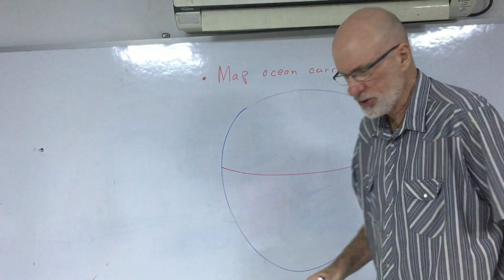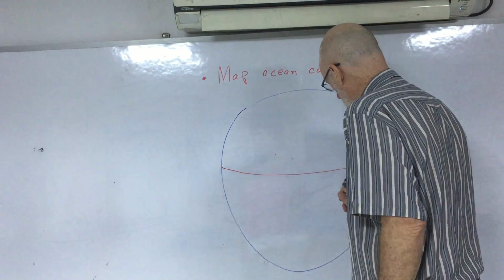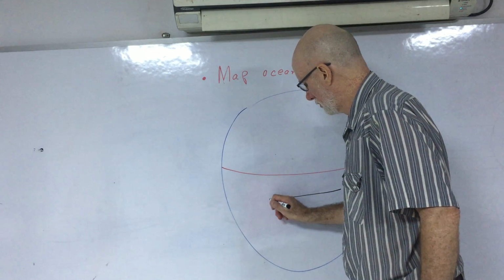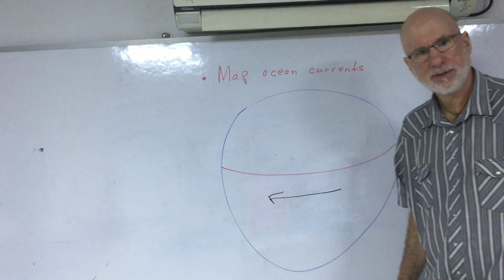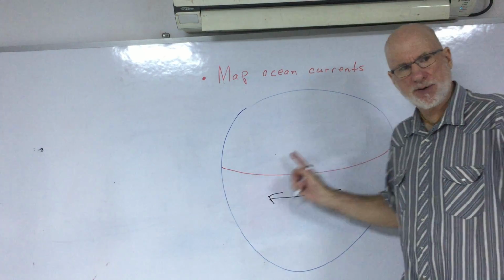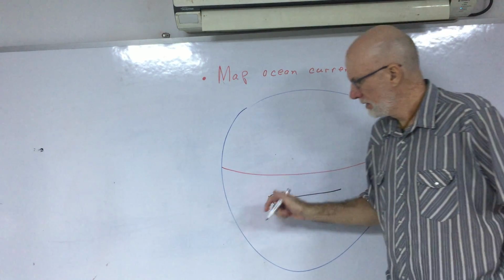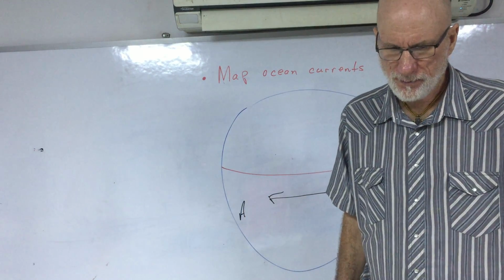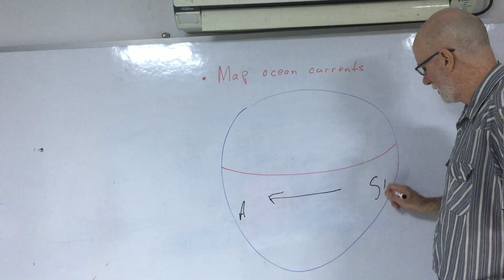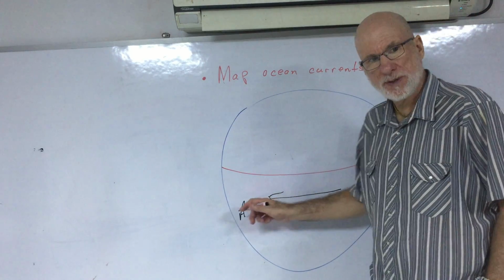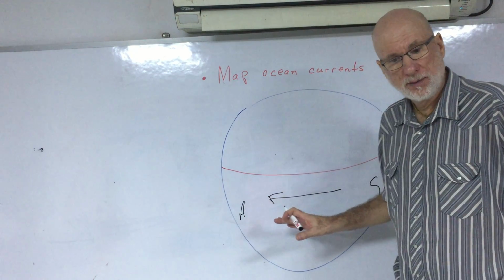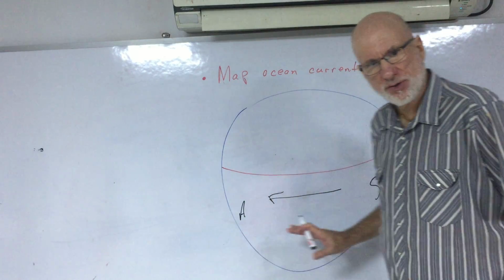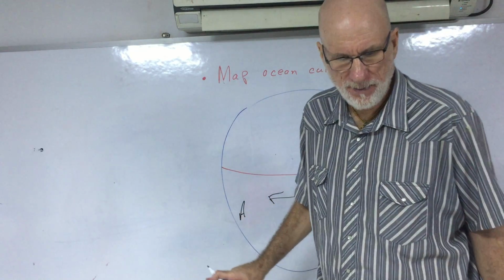You get this warm surface water here. It's going like that. Remember, it's spinning like this, right? Here's Australia. This is South America here. This is what's happening. This is normal. The warm surface water goes from east to west, right?